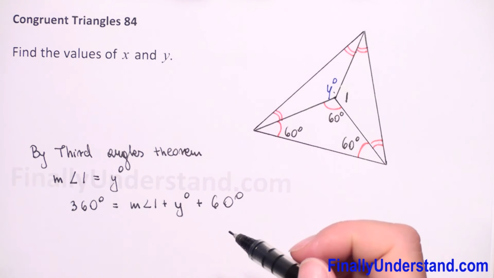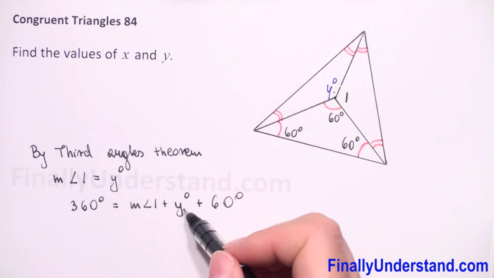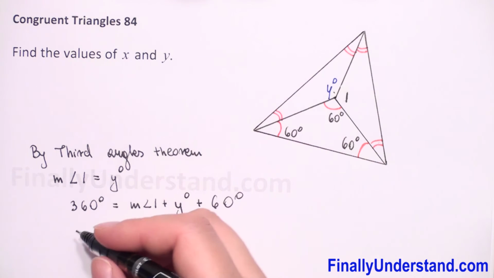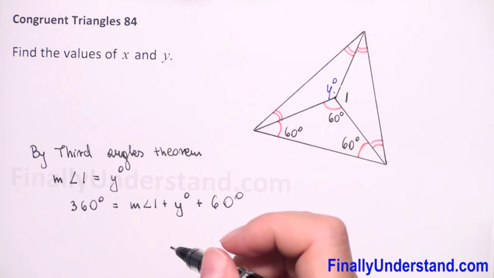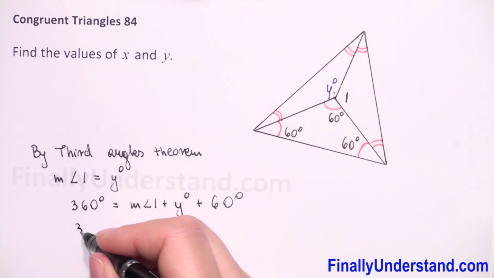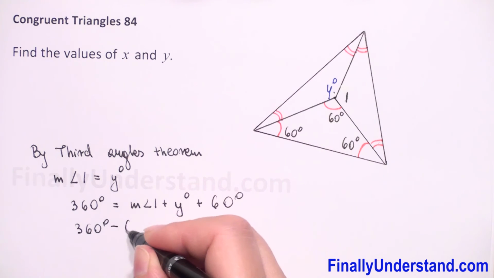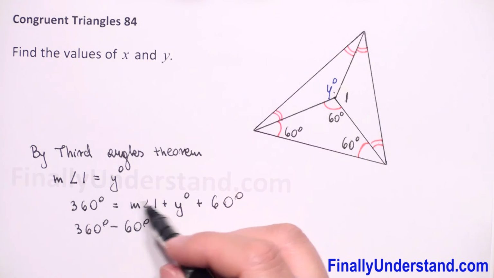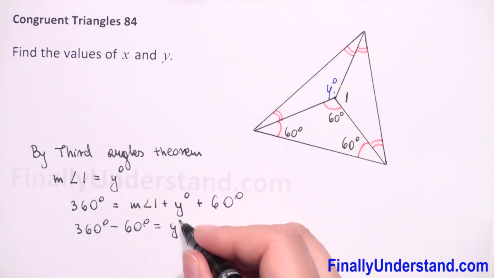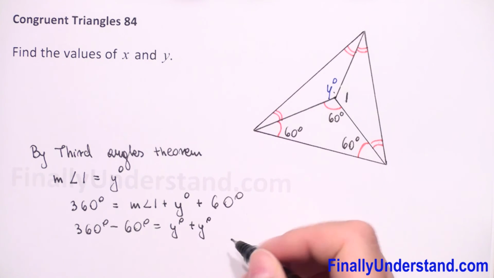So we have that measure of angle 1 is equal to y degrees, so we can substitute this and 60 degrees, and we move to the left side, so it will be 360 degrees minus 60 degrees is equal, like I said, measure of angle 1 is y degrees, plus y degrees.